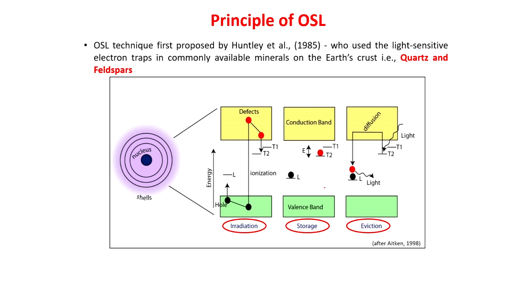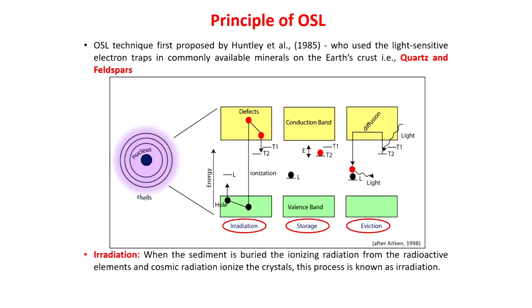So, this is the valence band, and then up here you have the conduction band. So, when the electrons are irradiated, they move up. They are getting into the conduction band, but in between they have been trapped, and this trapped energy is measured through artificially stimulated illumination.